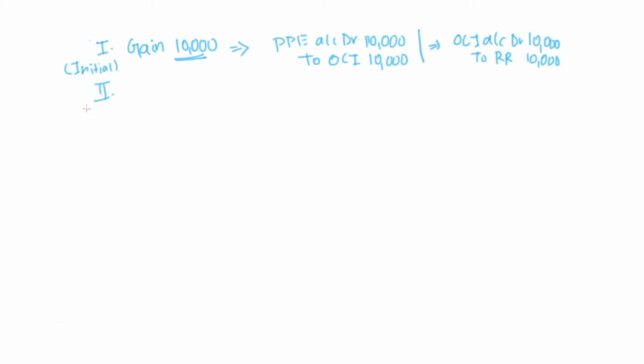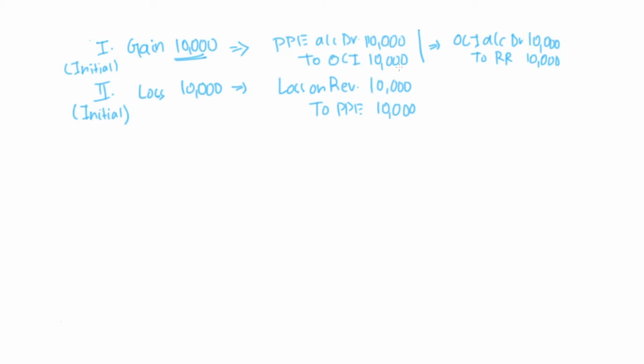The second point would be, in the initial chapter itself, a revaluation loss of $10,000. In this case, the entry would be loss on revaluation of PP&E account debited by 10,000 to property, plant and equipment 10,000.